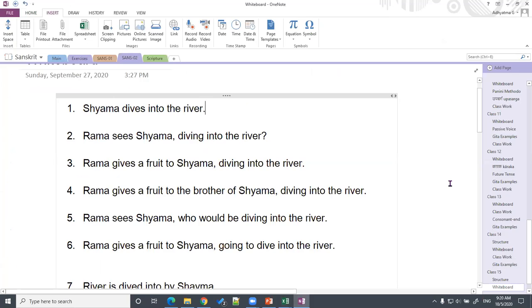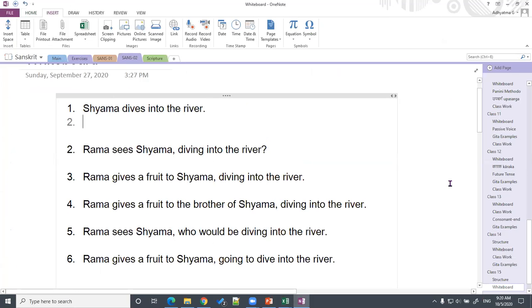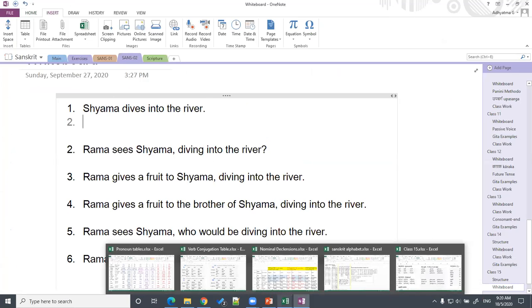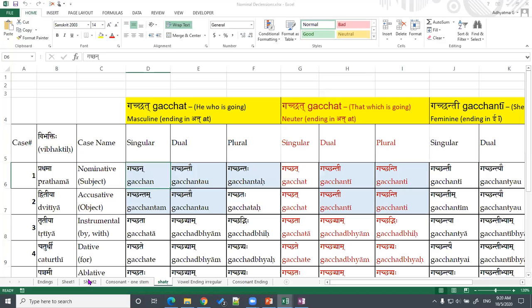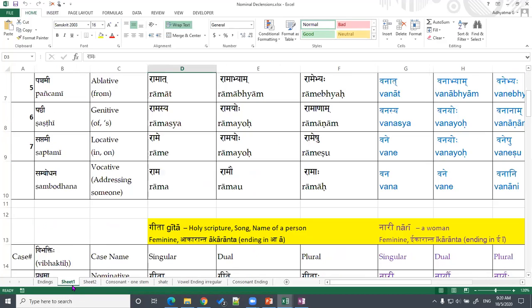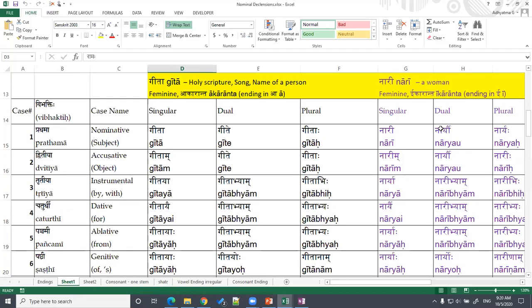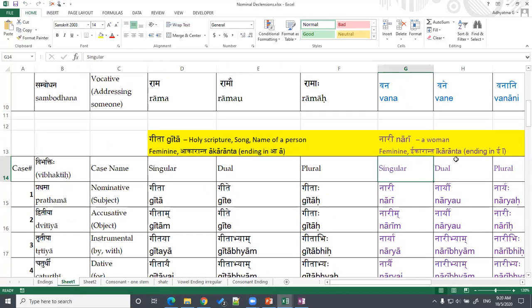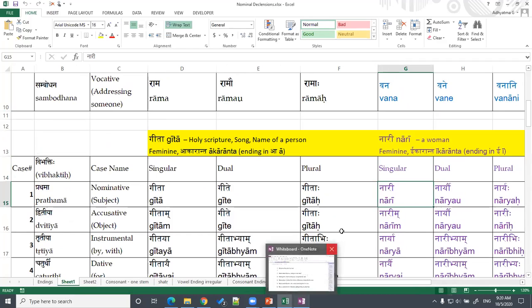So Shyama dives into the river. River, you know, Nadi. Nadi, it's an Ikaranta word, like Nari, Nadi. The first singular is Nari, Narim, like this.